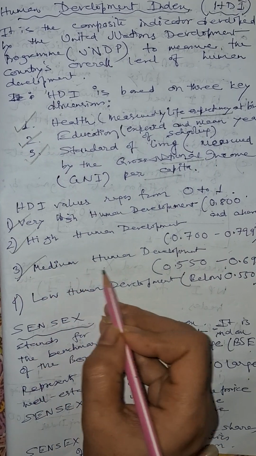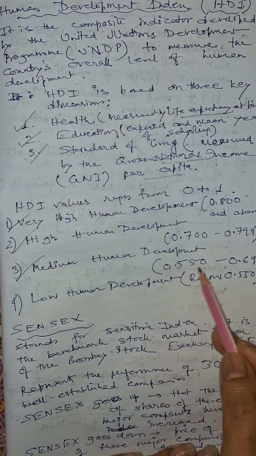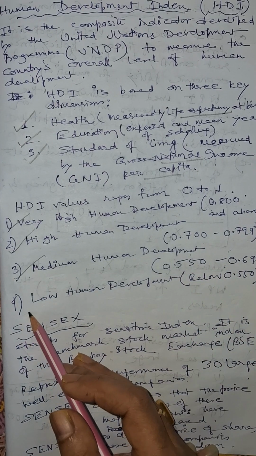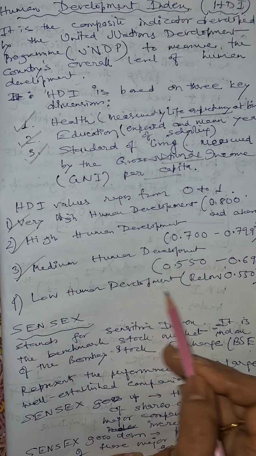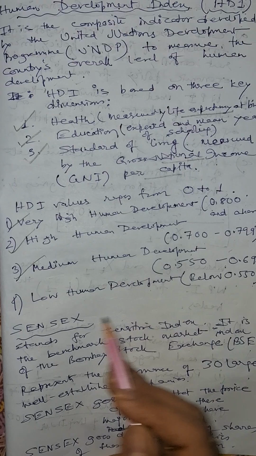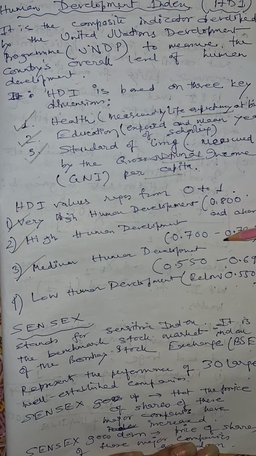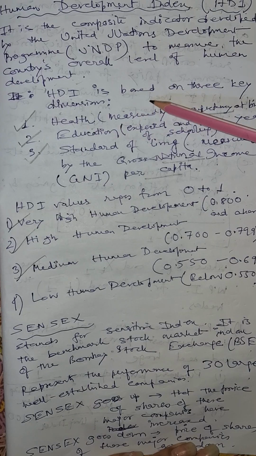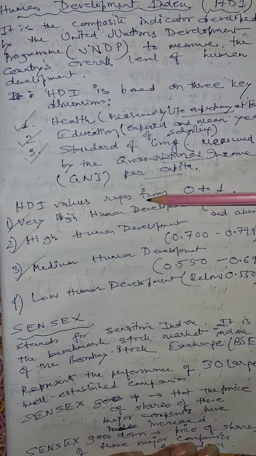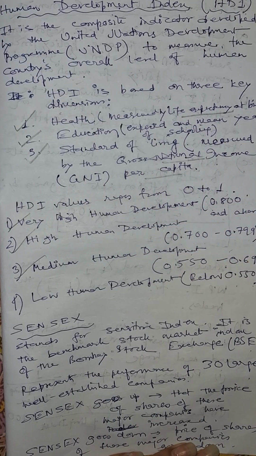The third is medium human development, which lies between 0.550 and 0.699. And the last one is low human development, which is below 0.550. So here we complete the Human Development Index, which is based on the three key measures, and the ranges show whether it is high, medium or low human development.